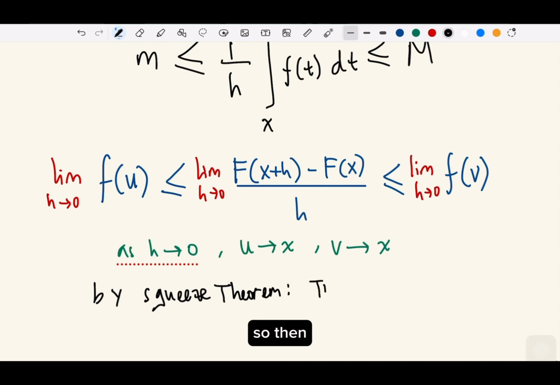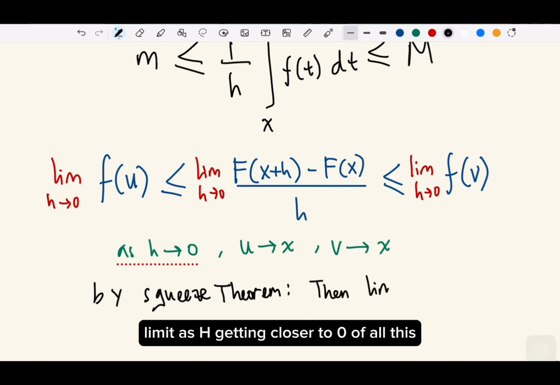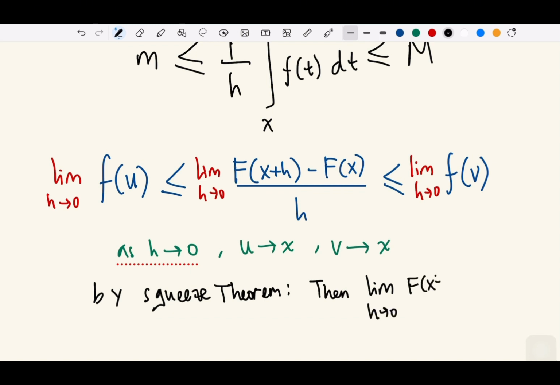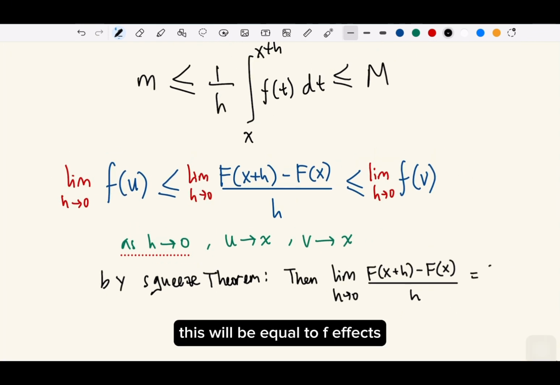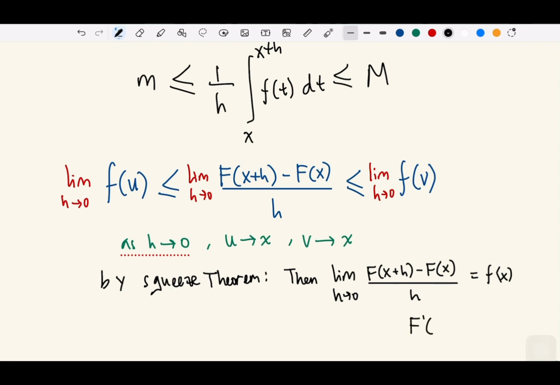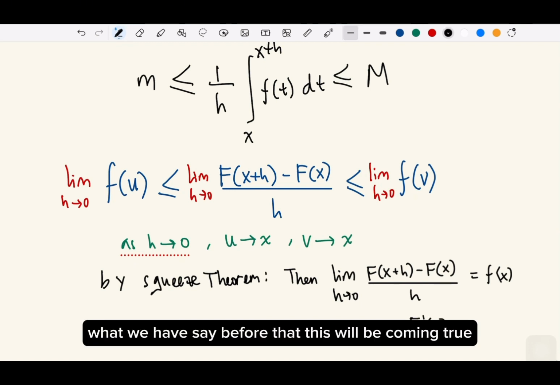So the limit as h approaches 0 of all this will be equal to f of x, which includes what we said before, that this will come true.